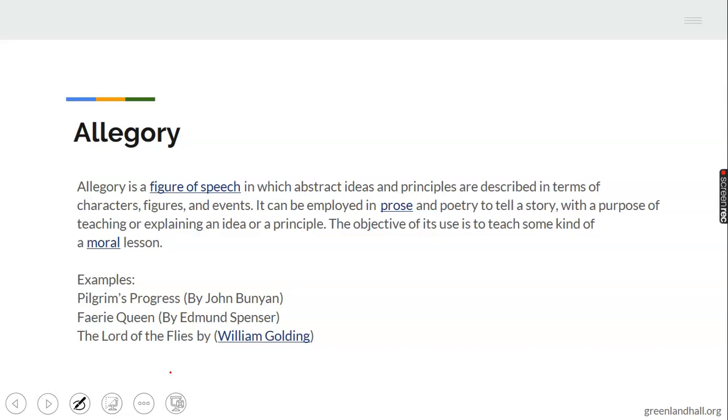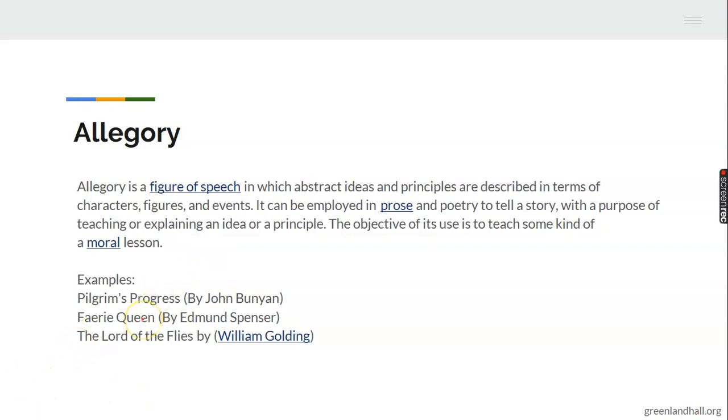Here, ideas are made to act as characters. The objective is basically to teach moral lessons.